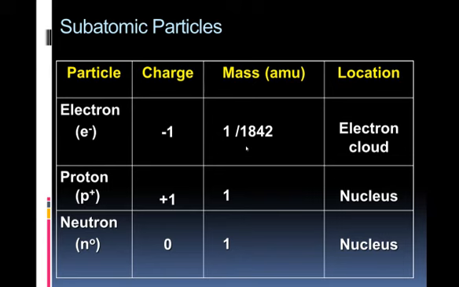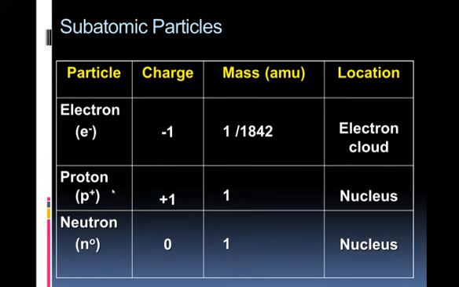Sometimes it's rounded to a 0, so don't be surprised if you see it as 0, but it's approximately 1/1842 AMUs. AMU stands for atomic mass unit. They're so small they can't even use the same things like grams that we can use. And it's located in that electron cloud. That's that outside portion of the atom.